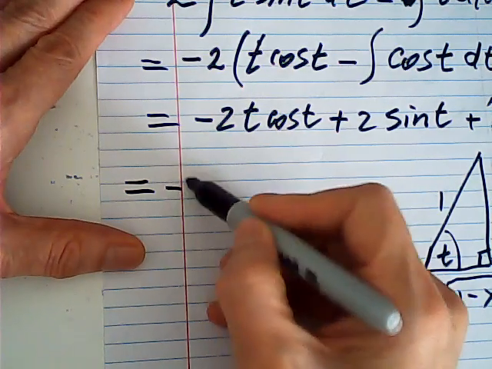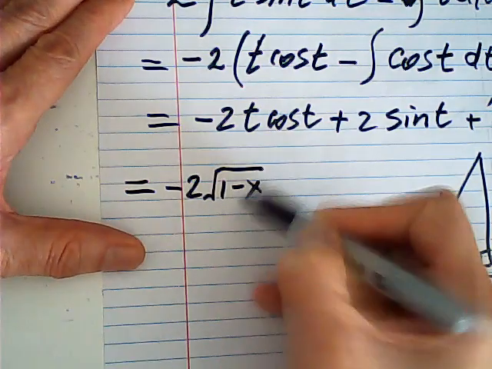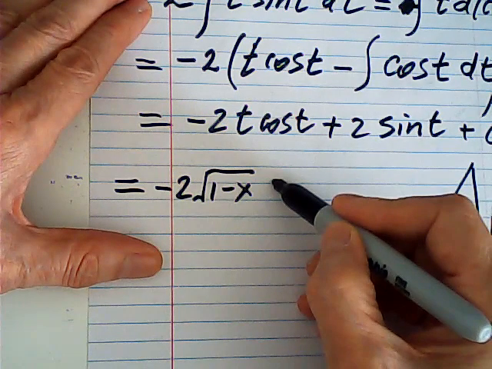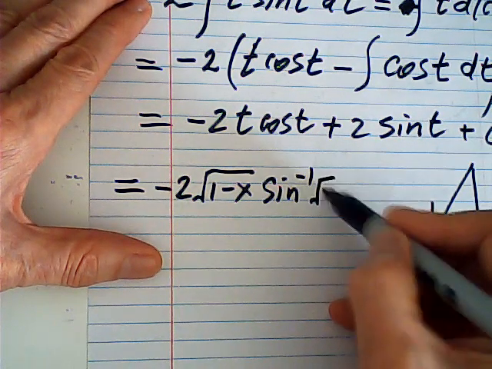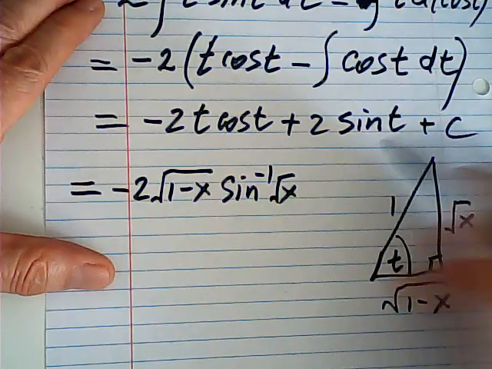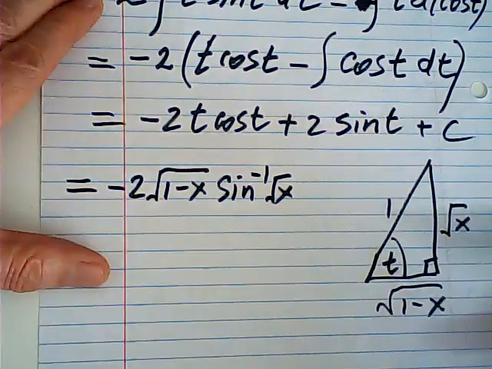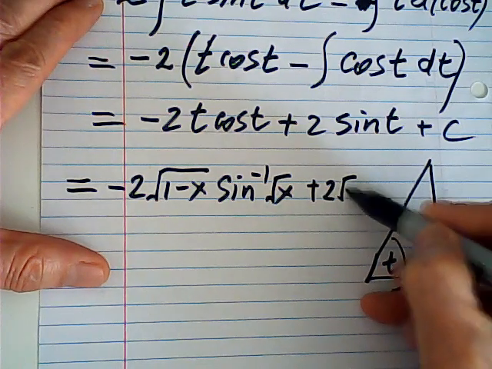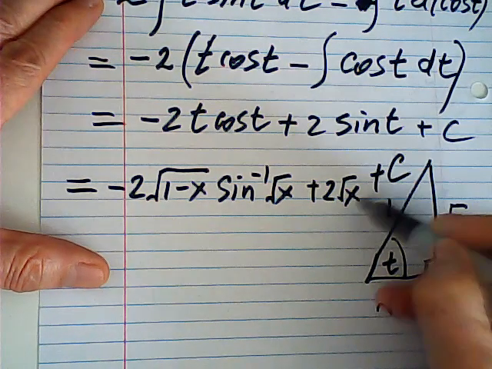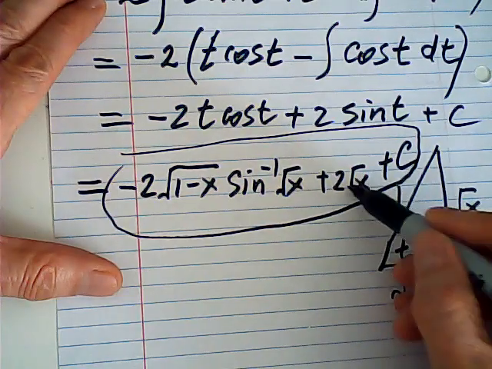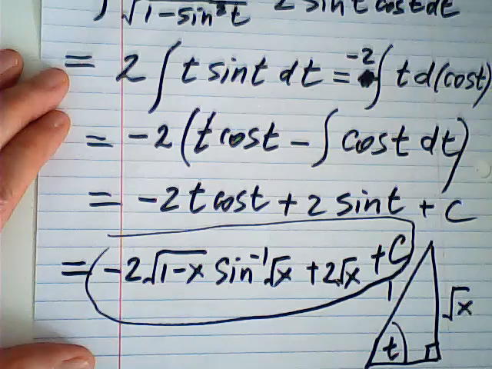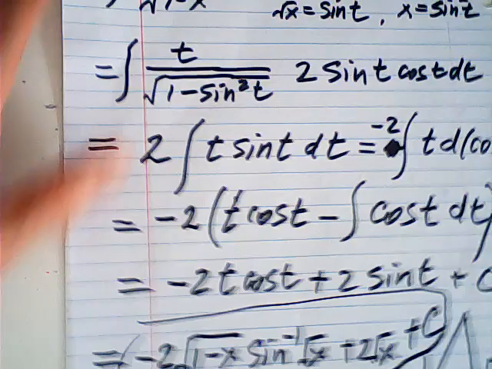So this is negative 2 square root of 1 minus x arcsine of root x. That is t. Sine t is root x. So plus 2 root x plus c. So that is the same result as we got by the other 3 methods.